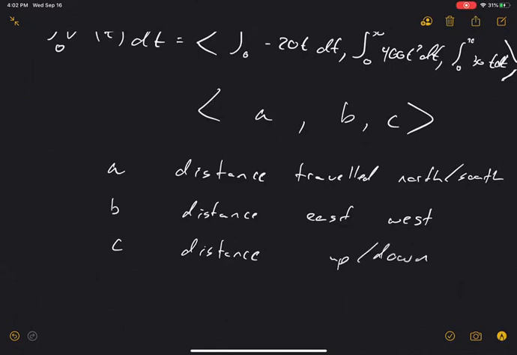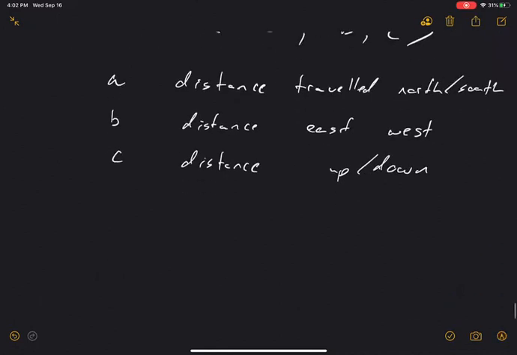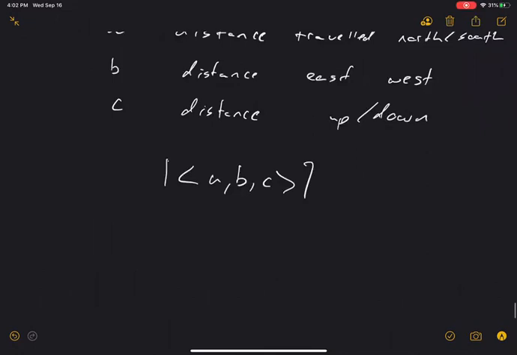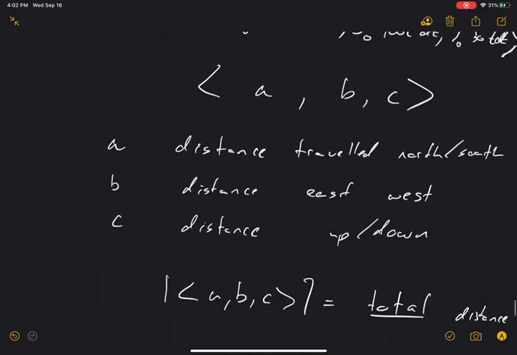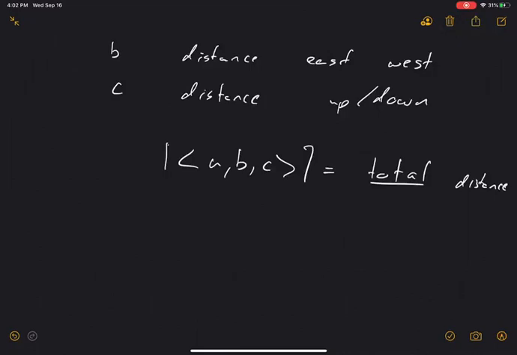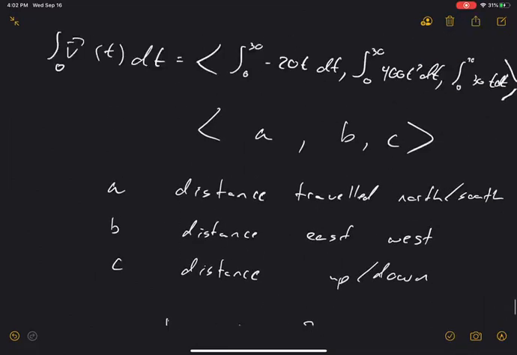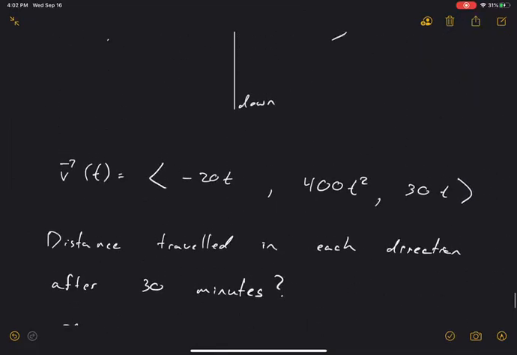And that gives me a vector, right? A, B, C is a vector. And then maybe if I took the magnitude, the length of A, B, and C, that would tell me the total distance traveled, right? So that's just one application of this integration of vector valued functions.